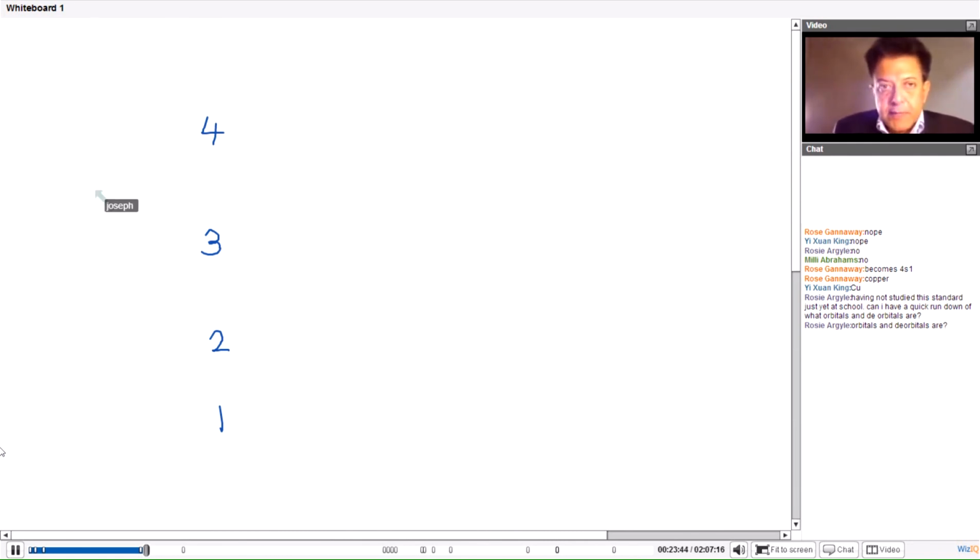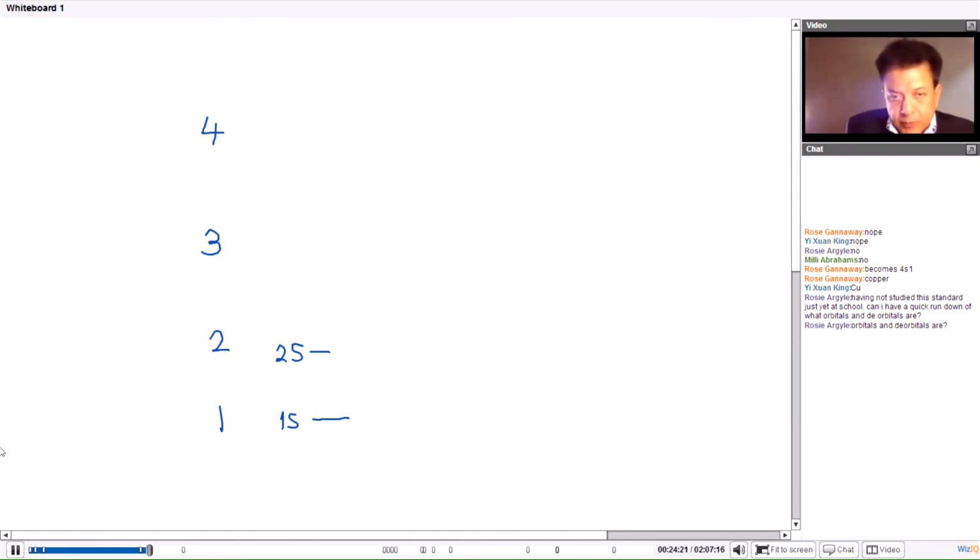Now, the first quantum level can have only one type of orbital, and that's an s orbital. So we can write it as the 1s orbital. When we come to the second quantum level, that has two types of orbitals called s and p. So it will have a 2s orbital and it will have 3 lots of 2p orbitals.